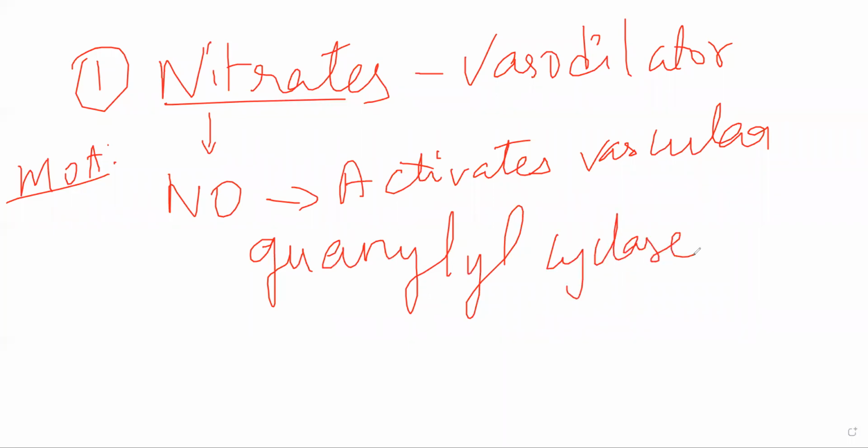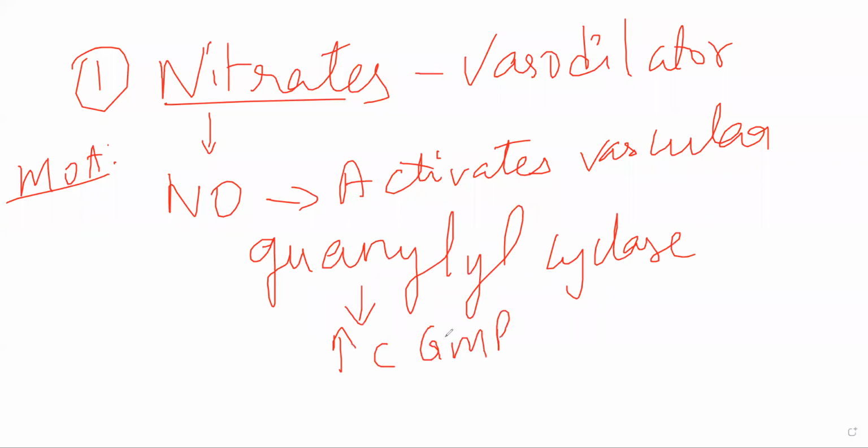Why is this enzyme important? Guanylyl cyclase is responsible for controlling GMP, specifically cyclic GMP. Whenever you activate vascular guanylyl cyclase, it will cause an increase in cyclic GMP.